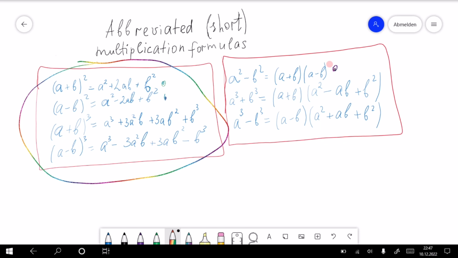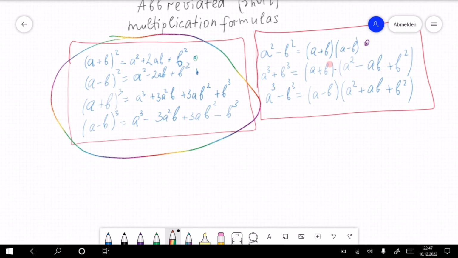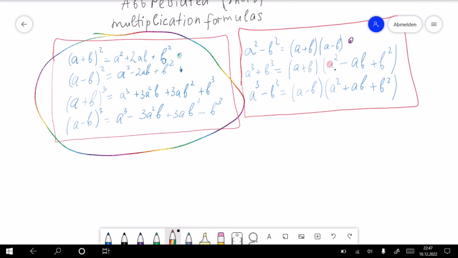So I just want to give you a little tip which I used in my school years. Let's talk about the formula square of sum.